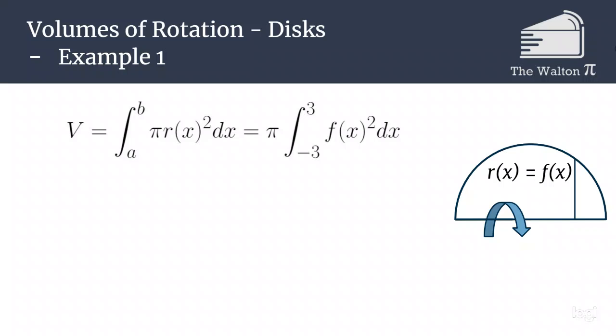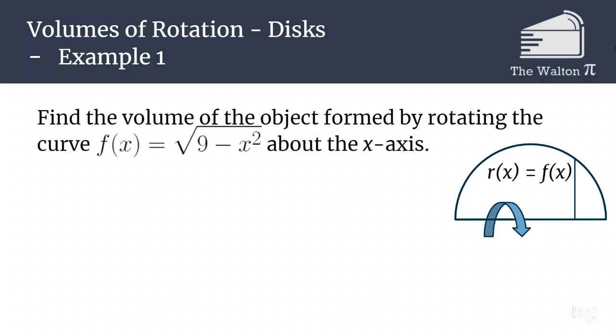So r is going to be our function f of x, since we can see that in our diagram. And then we are going to start at -3 and go to 3, because those are the places where the function, the square root of 9 minus x squared, intersects the x-axis. 9 minus 3 squared is 0, and 9 minus -3 squared is also 0.